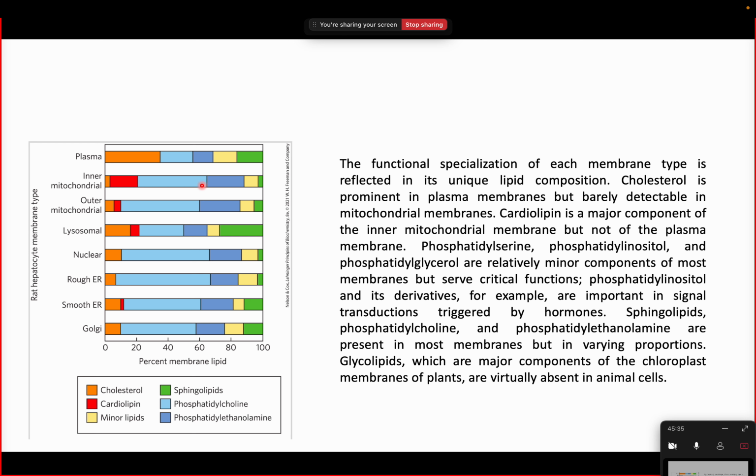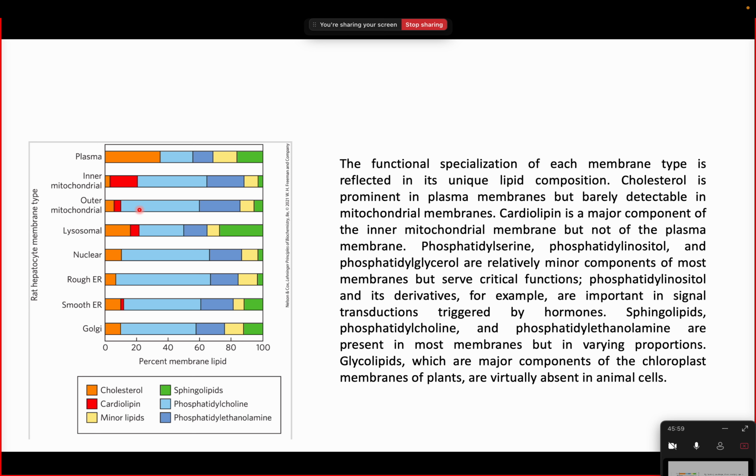Cardiolipins are completely absent in the plasma membrane as well as in the nuclear membrane, rough ER, and Golgi, correct? While cardiolipins are among the top three most abundant lipids in the inner mitochondrial membrane, a remnant of cardiolipin is also present in the outer mitochondrial membrane.